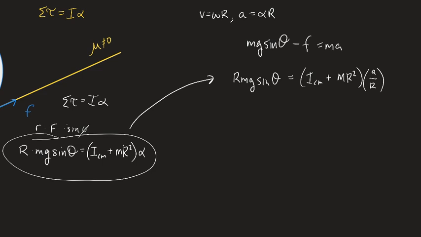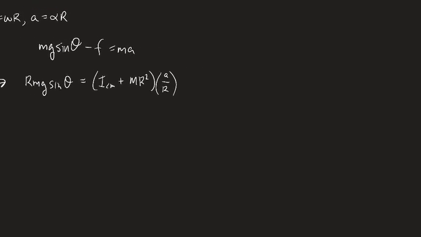Now, you may not know where to begin. I'm going to give you a place to begin. Do you notice that both of these have an mg sine theta in them? Solve for mg sine theta, and then set those two things equal to each other. That's the way to do this. So mg sine theta equals friction plus ma.